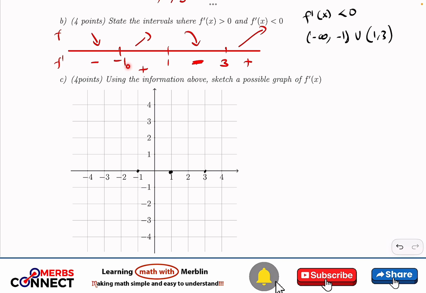Then at minus 1, we see that it's minus, so it's decreasing on this side. So we are going to have something decreasing from here going down. Then in between minus 1 and 1, the function is increasing.